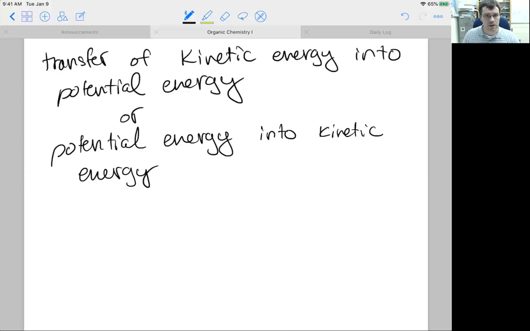That is, we could take potential energy into kinetic energy or kinetic energy into potential energy.